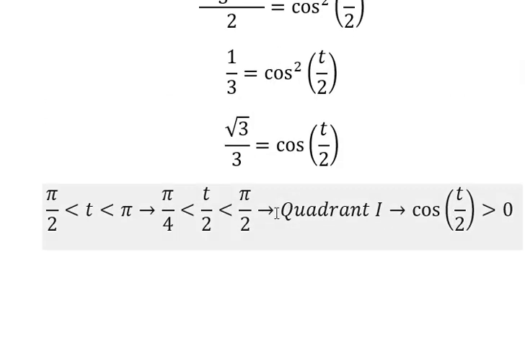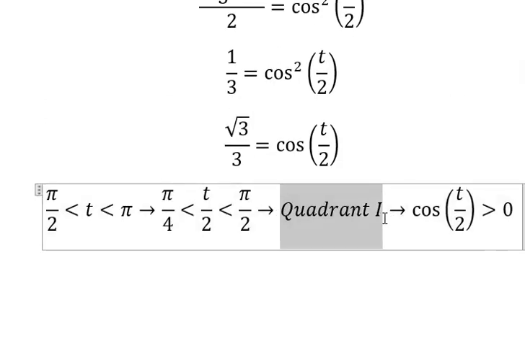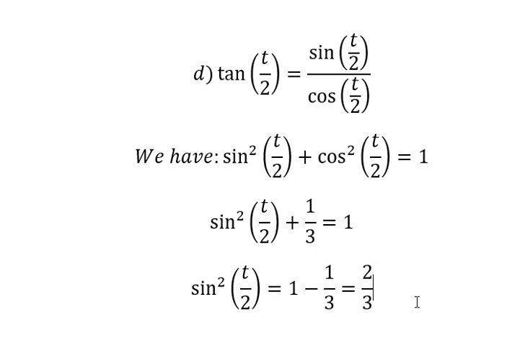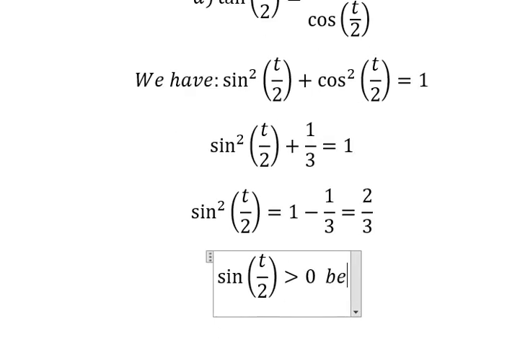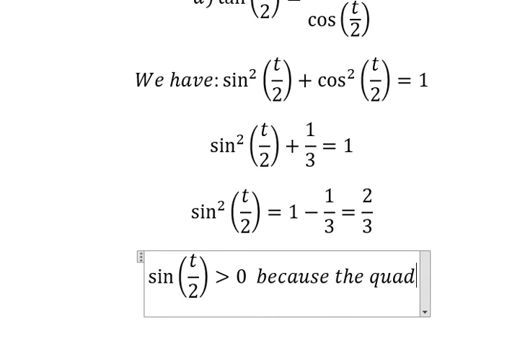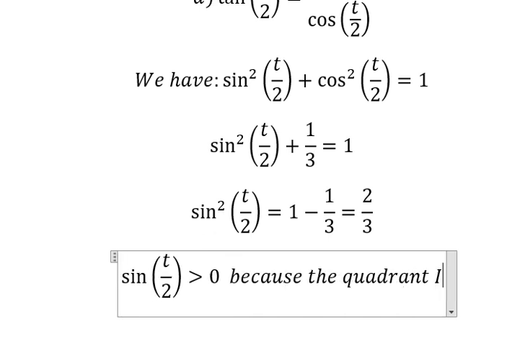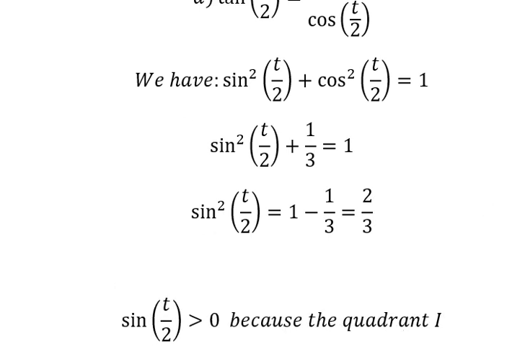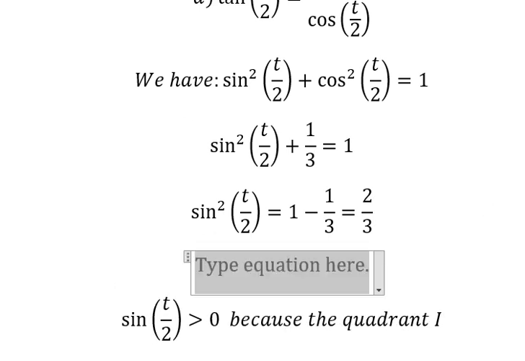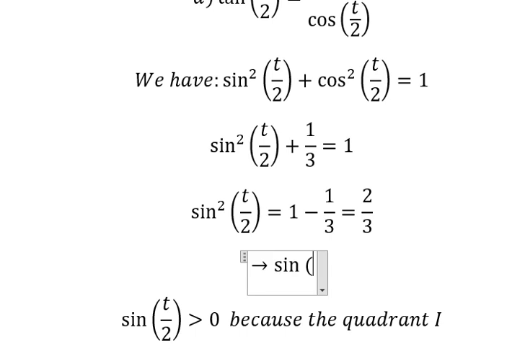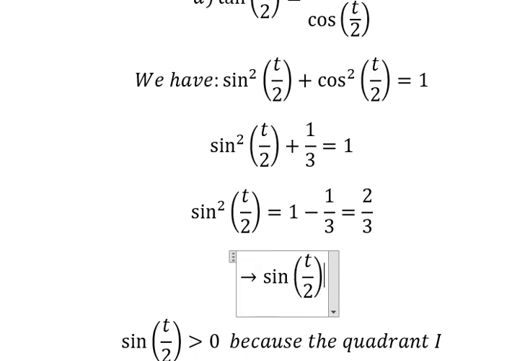Because t over 2 is quadrant number 1, sine t over 2 should be positive. So we have the value of sine t over 2. So we put the square root for both sides.